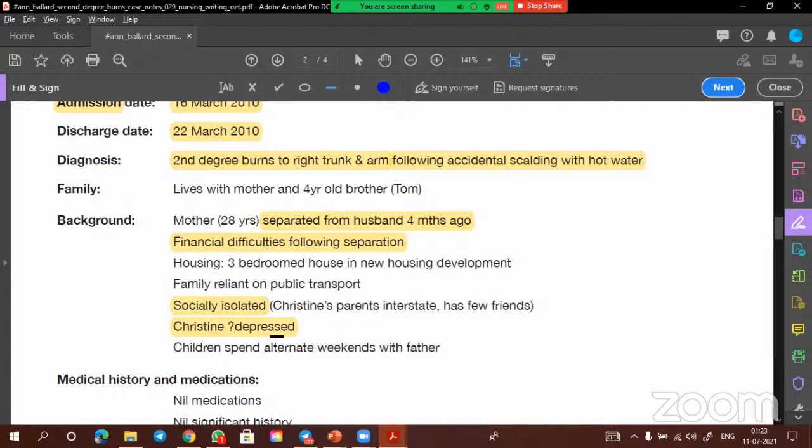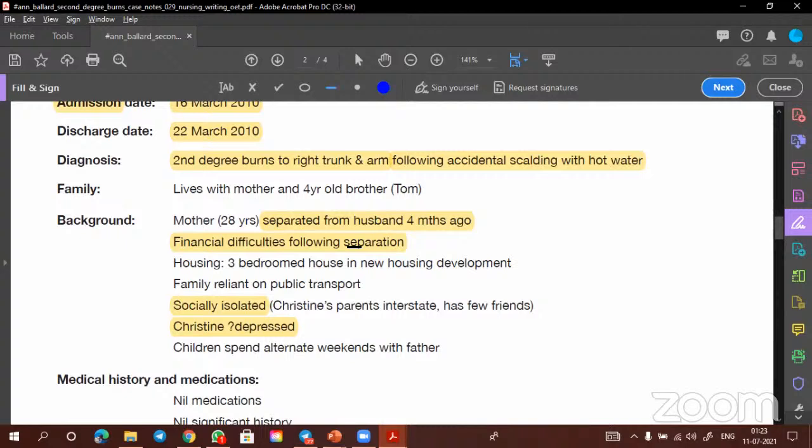You think that she is disturbed, doubtful, question mark, probably depressed following her separation from her husband and financial difficulties which followed. Not only because of the husband's separation, but also because of the financial difficulties that followed. So both are the reasons why she may be depressed.